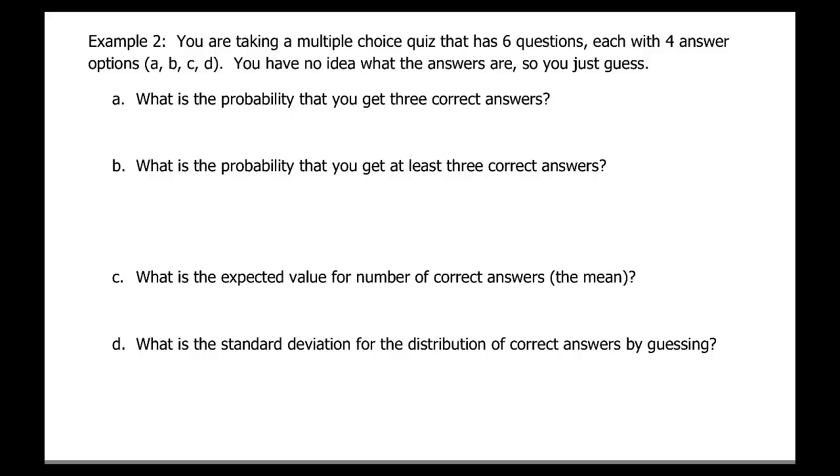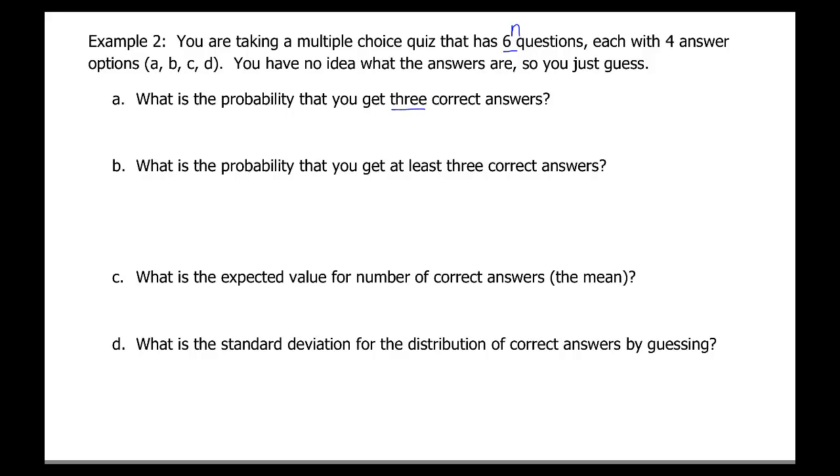So example 2 has to do with taking a multiple choice quiz. It has 6 questions. Each of them has 4 options. And if you have no idea what the answers are, you're just guessing. So the probability of getting 3 correct answers, and remember there's 6 questions, so 3 out of 6. There's 6 questions, that's n.